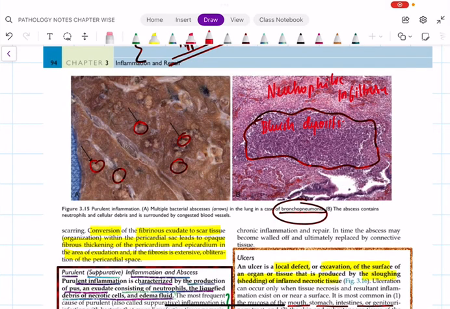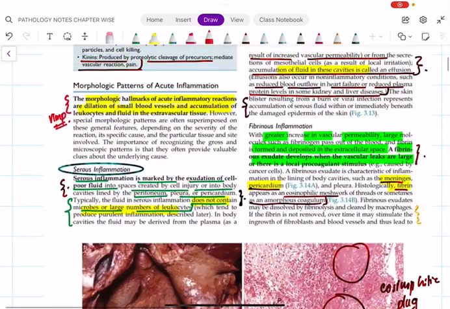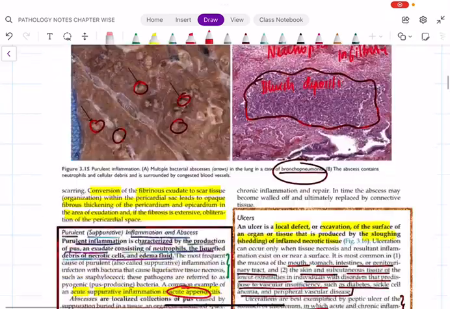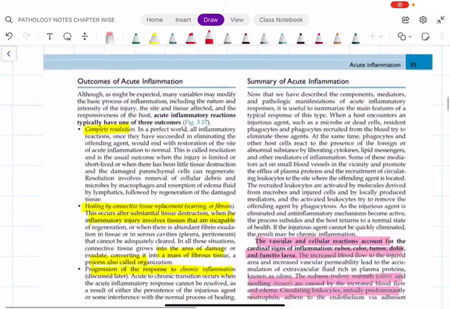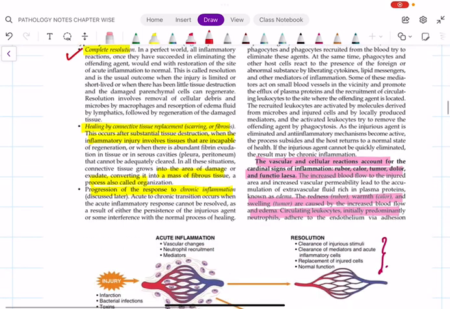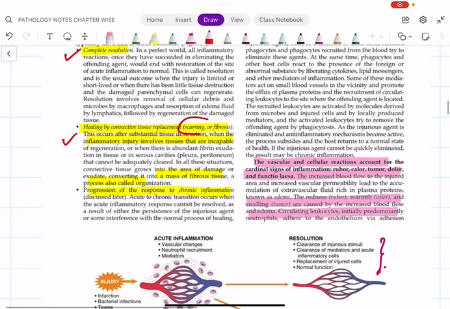Fibrinous pericarditis, bread and butter appearance, and we have serous inflammation in pleural, pericardial, peritoneal effusion. Once this is over, what are the outcomes of acute inflammation? Either it will undergo complete resolution, that means the tissue will become normal, or it will heal, as a result of which there will be scar formation or fibrosis, or this acute inflammation may progress to chronic inflammation.